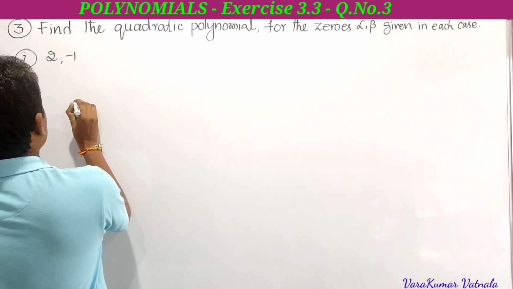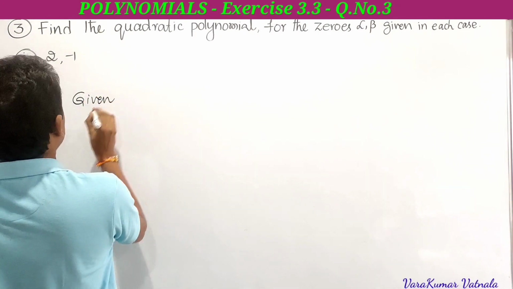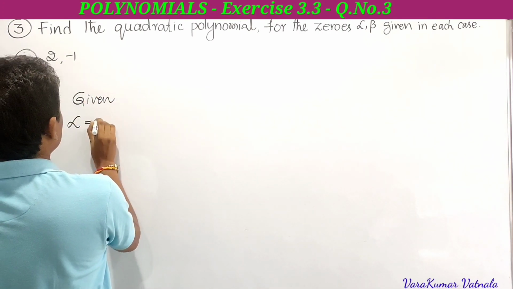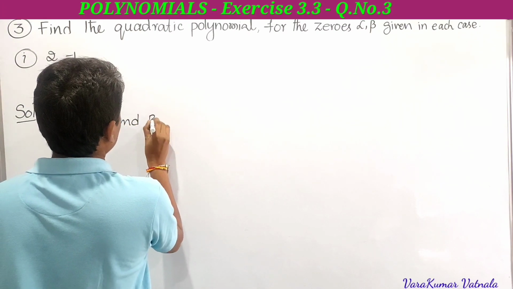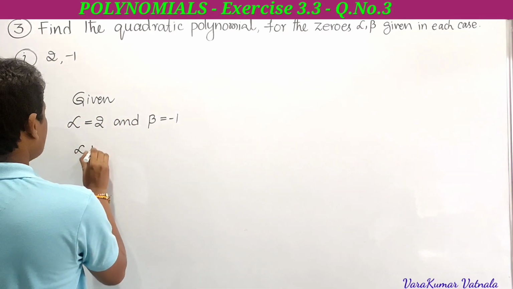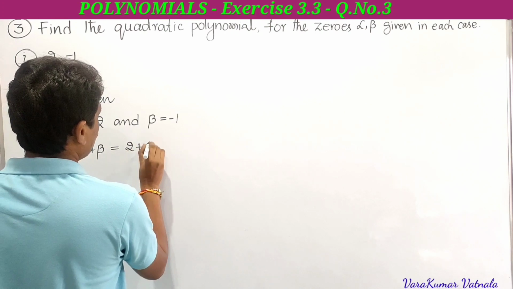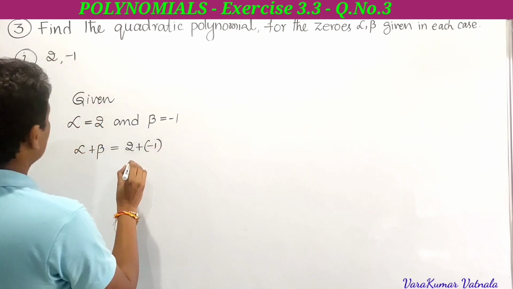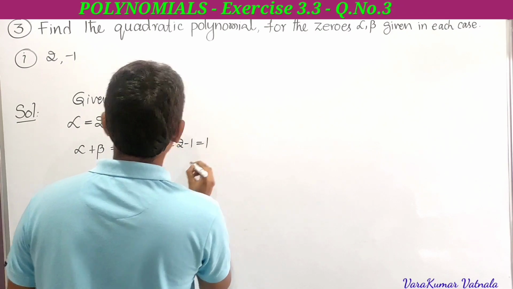Here given alpha is equal to 2 and beta is equal to minus 1. So I have to find alpha plus beta. Alpha plus beta is equal to 2 plus minus 1, that is 2 minus 1, which is 1.